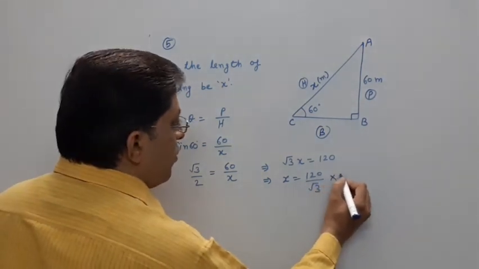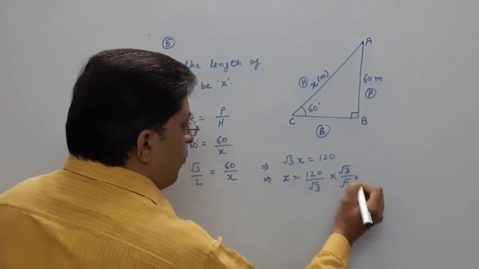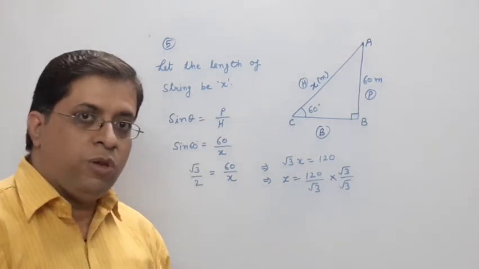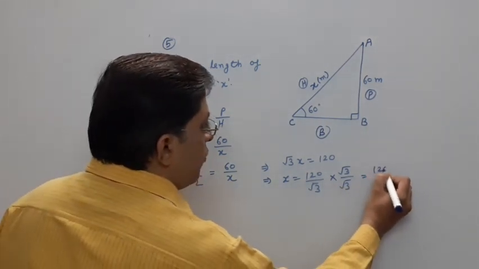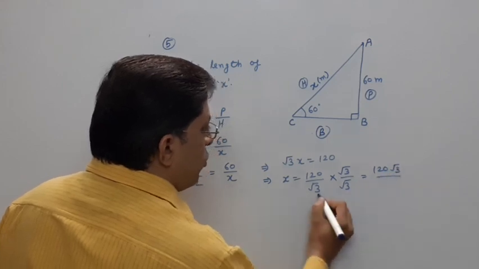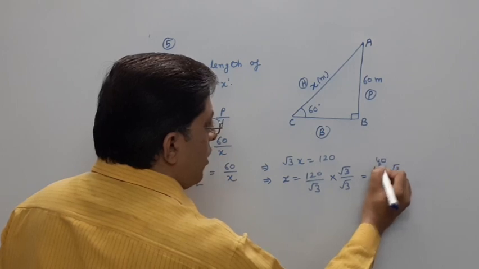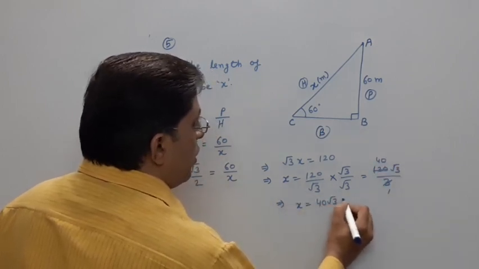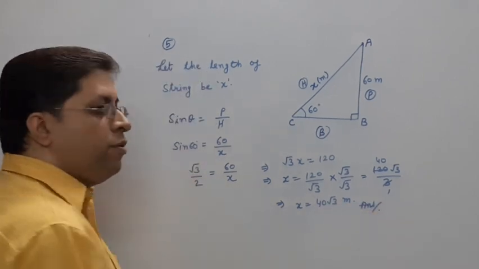After rationalization, you have to multiply and divide by root 3. So what will come? 120 root 3, root 3 into root 3 is 3. 3 1s are 3, 3 4s are 12. x is equal to 40 root 3 meter. This is your answer.